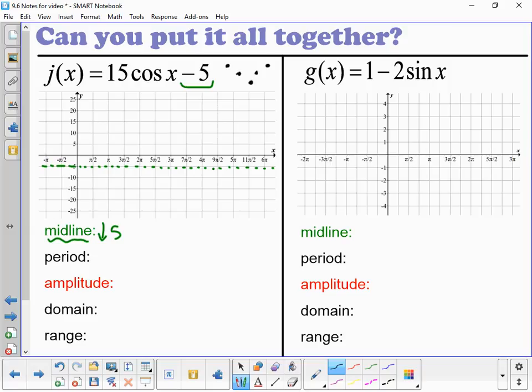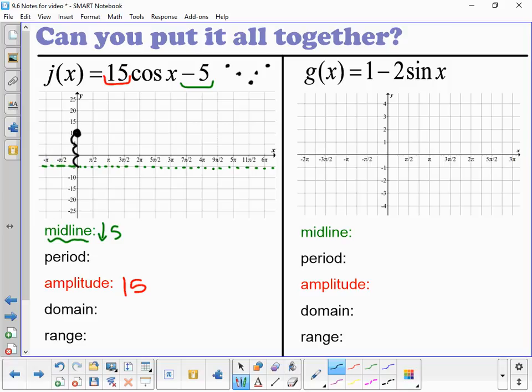And so I need to use the amplitude now to help me figure out where to have that cycle start. And the amplitude here is 15. That means I want my cosine function to have this one cycle start 15 above. So here's 5, 10, 15 above. It's not starting at the value 15, it's starting 15 above the midline.